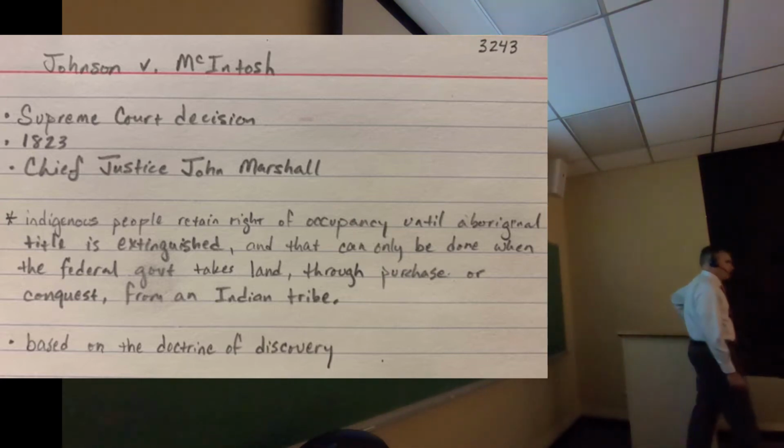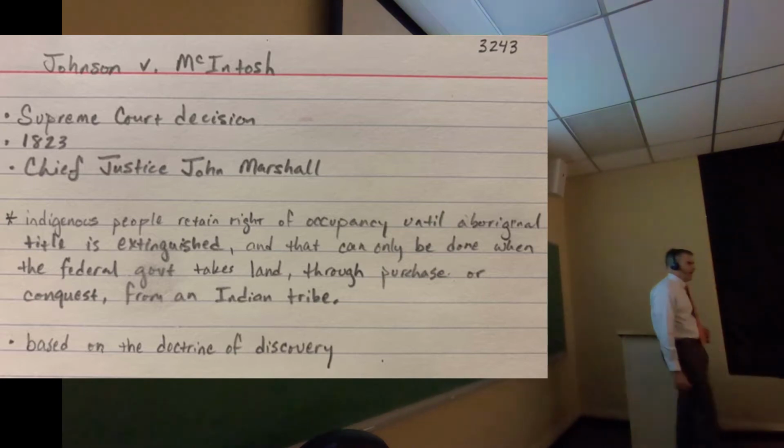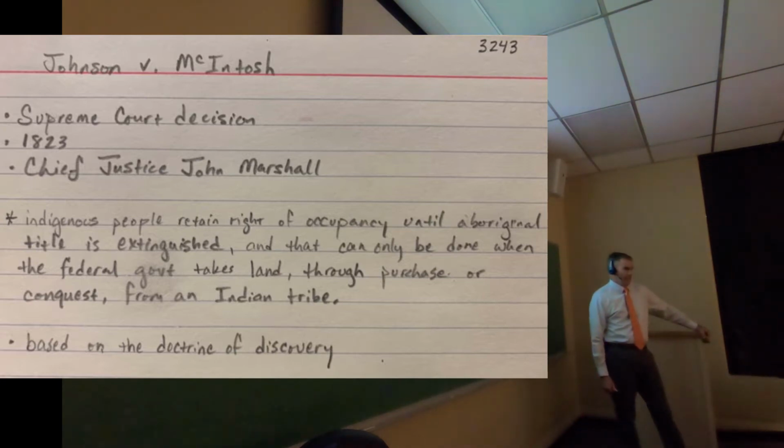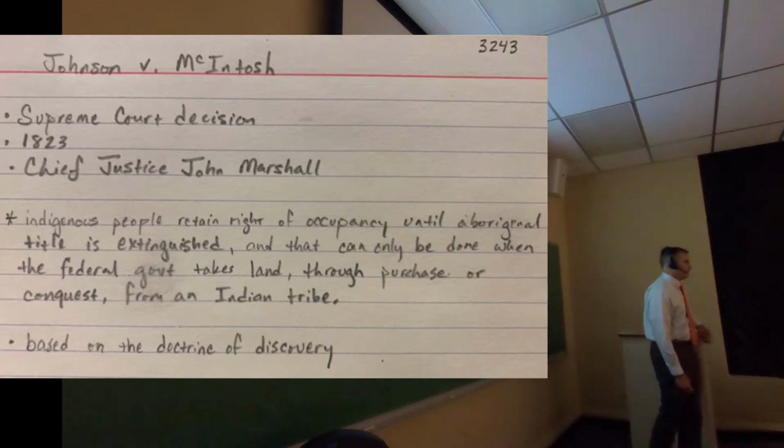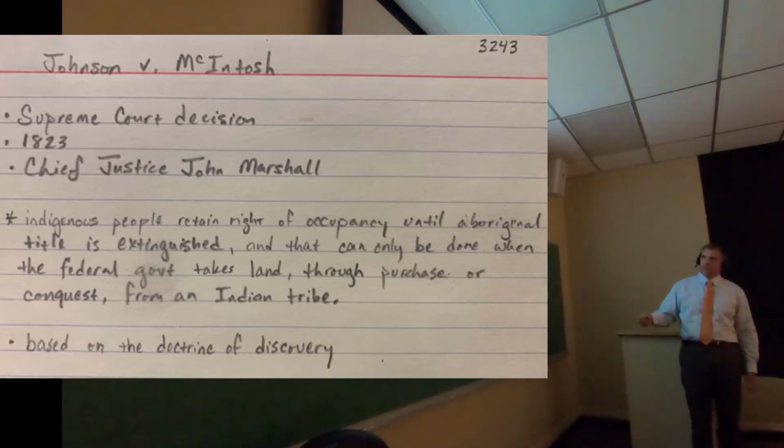So the question was, can an Indian sell his land if it is considered tribal land? And this early decision said, no, can't do that. Members of Indian tribes can't go sell their tribe's land. Okay? They can't do that, says the United States.